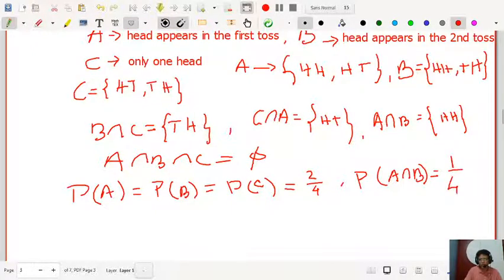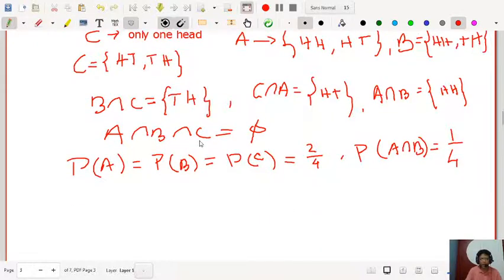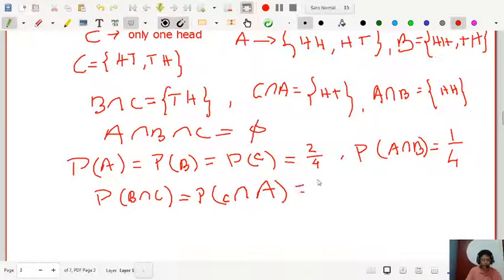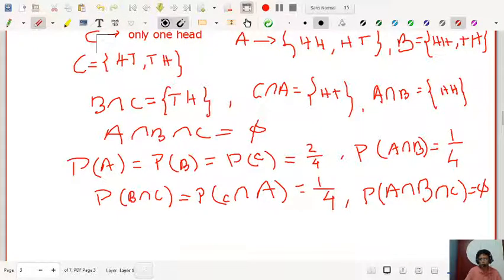Okay. And the probability of B intersection C and C intersection A are also 1 by 4, right? And what is your probability of A intersection B intersection C? That is equal to 0, because that is a null set. So this is 0.